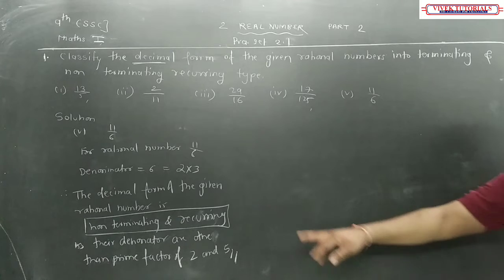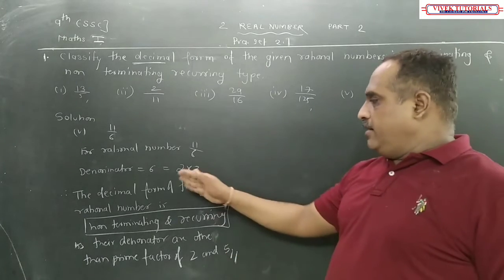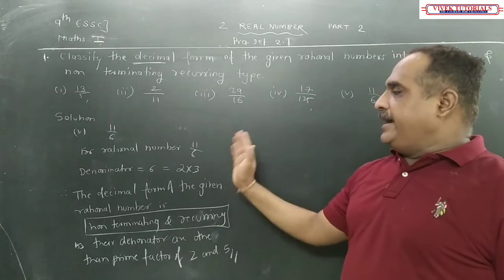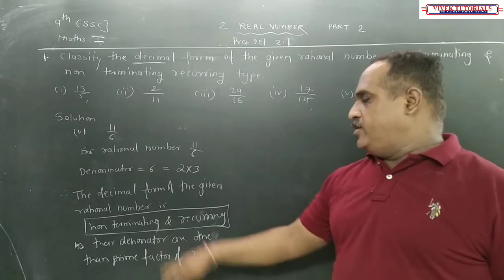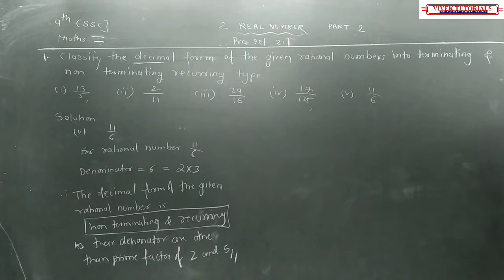Correct, it should be of 2 and 5 only but it is 2 and 3, that's why it is not a prime factor of what, 2 and 5. So it is non-terminating and recurring. Copy it down properly by pausing the video.